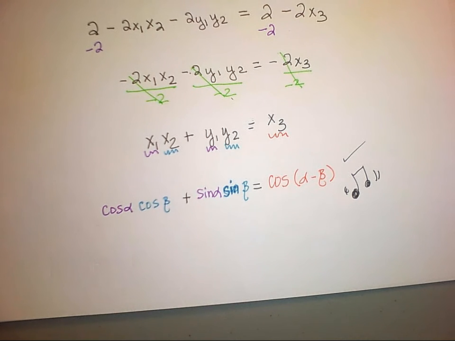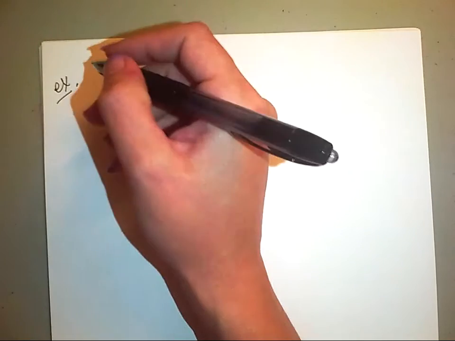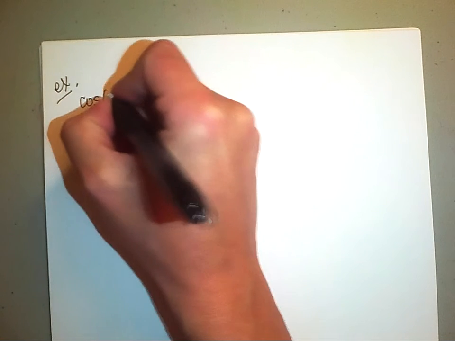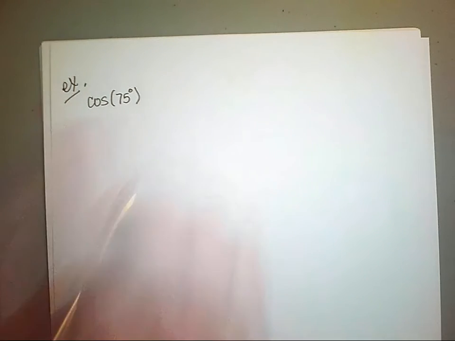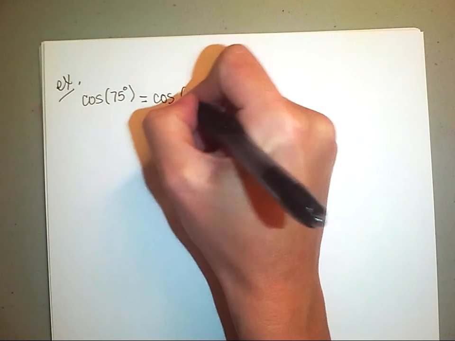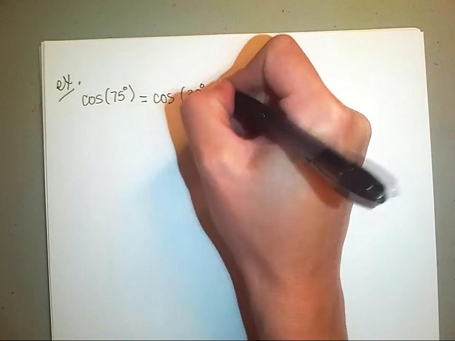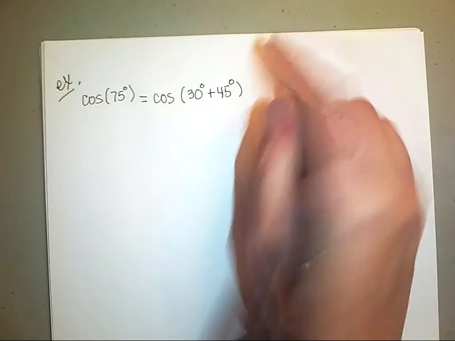Okay, so how is this going to be helpful to us? All right, well, let's look at some examples then, how we would use these. So, for example, if we had the cosine of 75 degrees, well, 75 degrees is not on our unit circle, but I could rewrite the cosine of 75 degrees as the cosine of 30 degrees plus 45 degrees.